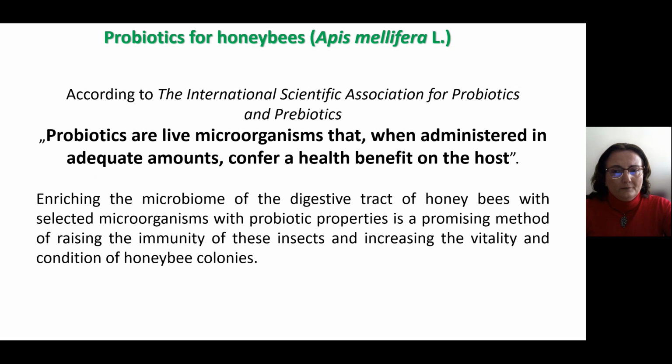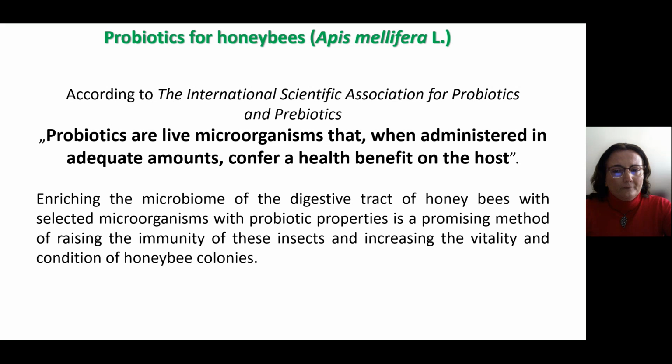Due to CCD and increasing environmental pollution, we search for ecological methods that would show protective effects to honeybees, and an alternative could be probiotic preparations. The most commonly used in probiotic products and preparations are lactic acid bacteria from the genus Lactobacillus and its reclassified genera, such as Lacticaseibacillus and Lactiplantibacillus.